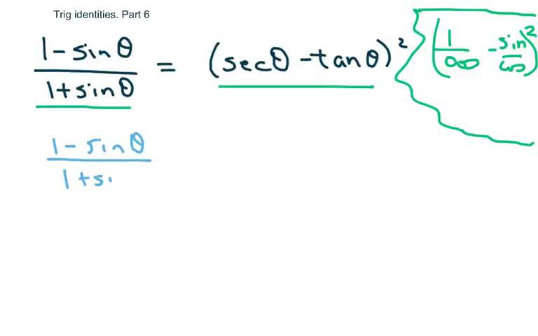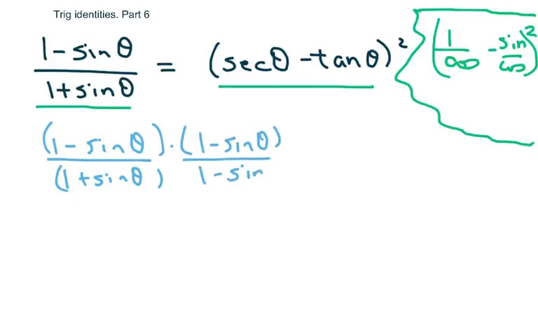and the denominator by 1 minus sine. So we're going to multiply this by 1 minus sine of theta. I actually like the other way I did it better, but I just want to show you both ways.